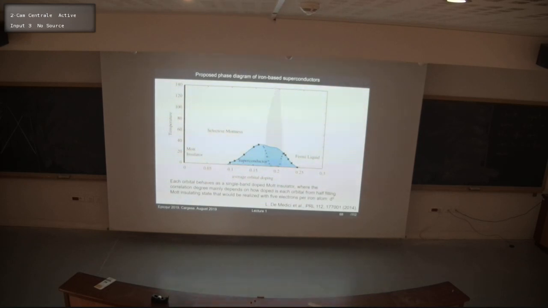I think this way of representation, where you account for correlation but also for the average doping of each orbital, may be a good way to understand systems where correlations are important.